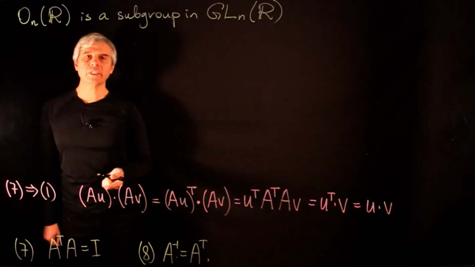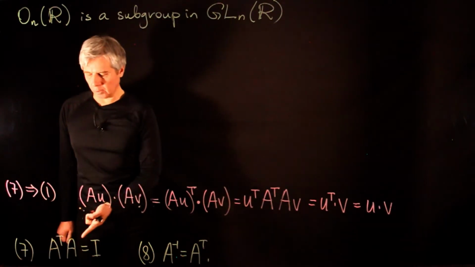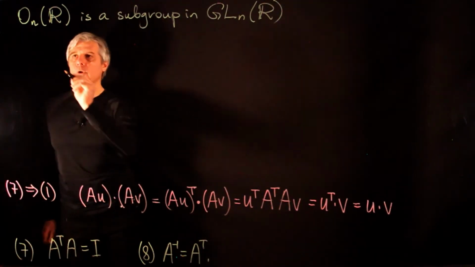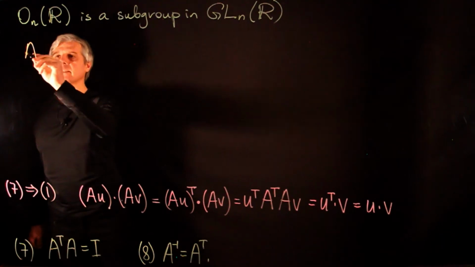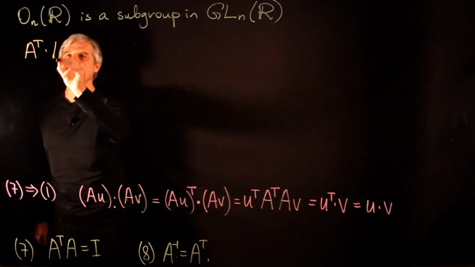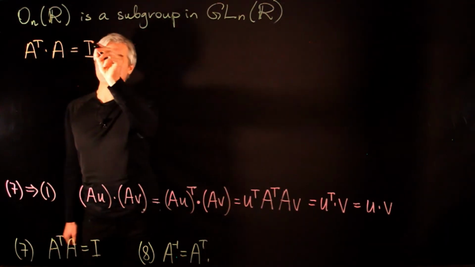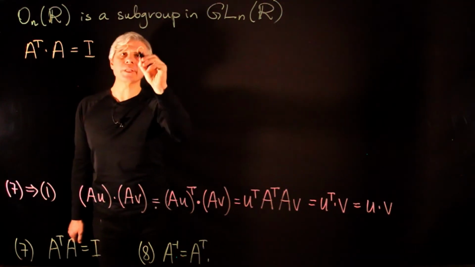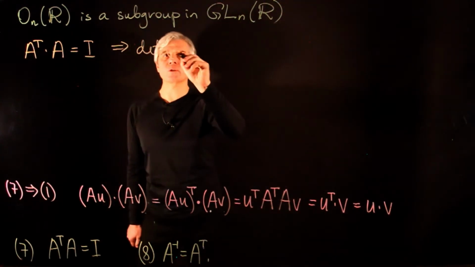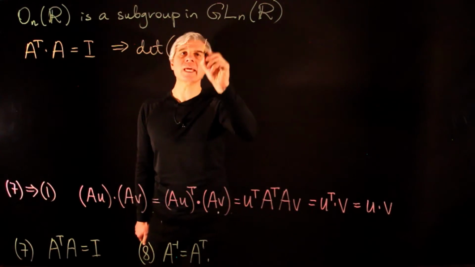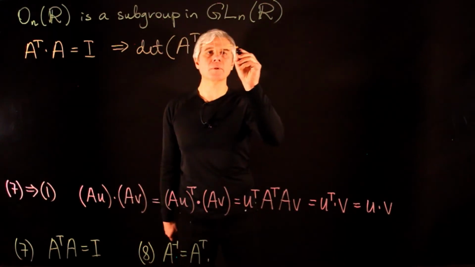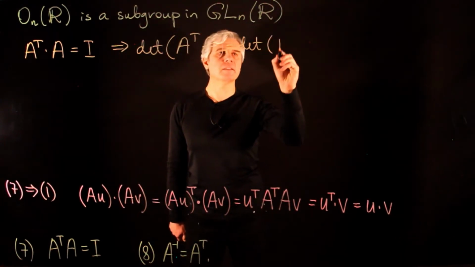Let us think, what can we say about determinants of orthogonal transformations? Orthogonal transformations are characterized by the condition that A transpose times A is equal to identity. Let us apply determinant to both sides. So we get determinant of A transpose A is equal to determinant of identity.